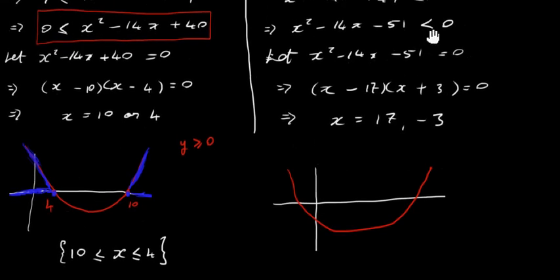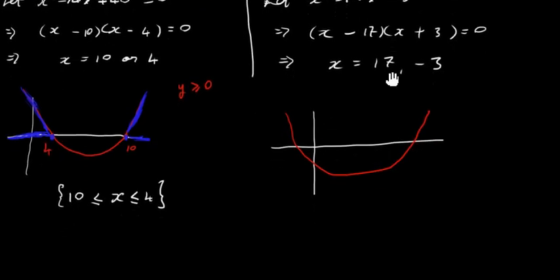If it was less than or equal to, we would include them. So we just put a circle around here. Well, actually I'll do it in blue again. So we don't include our two roots here. This here, by the way, is 17 and this here is 3.